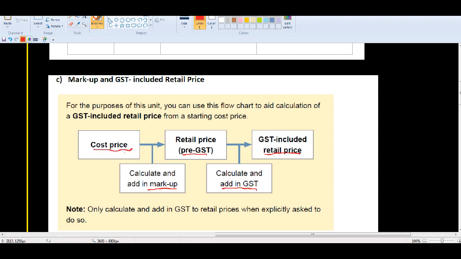So the sequence of prices is cost price, pre-GST retail price, and GST-included retail price, and in between these prices you need to add in the markup and add in the GST. That's the simple idea.